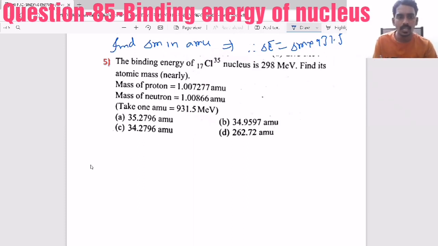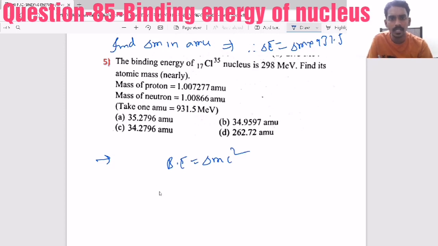Now, the binding energy of 17 chlorine 35 nucleus is 298 mega electron volt. Find its atomic mass. Now, binding energy equal to delta M C square. Binding energy is now 298 mega electron volt. Now, delta M directly you take in terms of AMU.